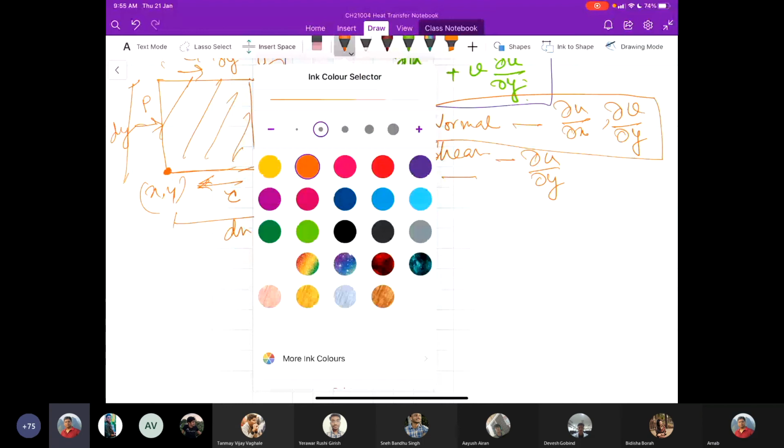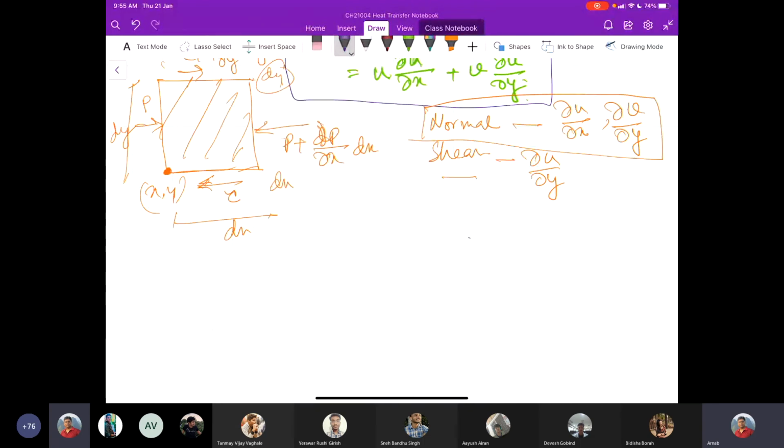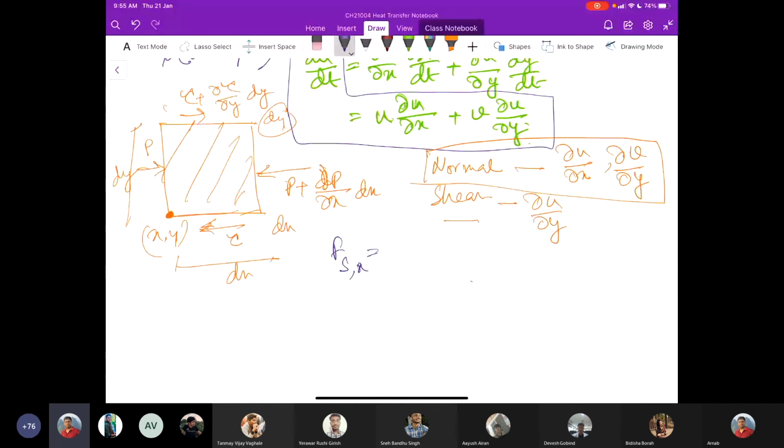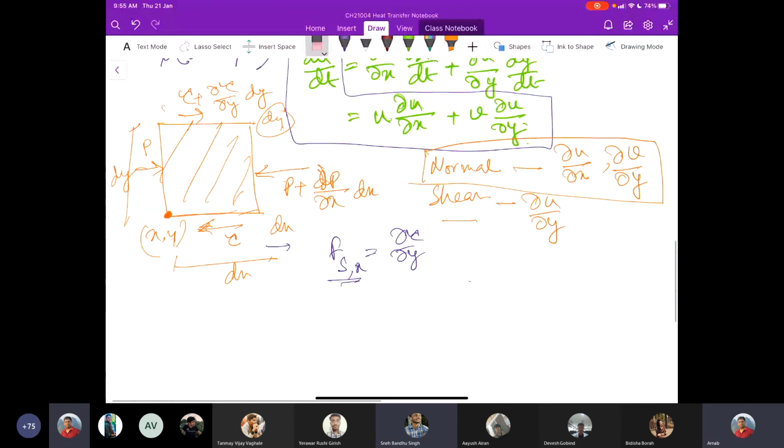So the surface force Fs in the x direction, what we can write is the net surface force acting in the x direction: tau plus del tau by del y into dy minus tau. So the tau gets eliminated.